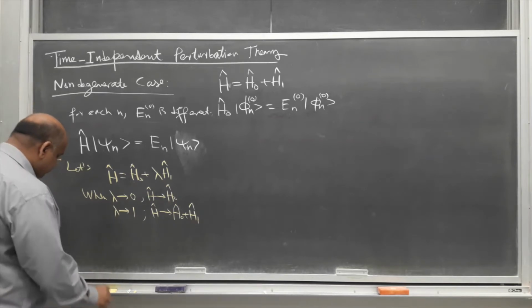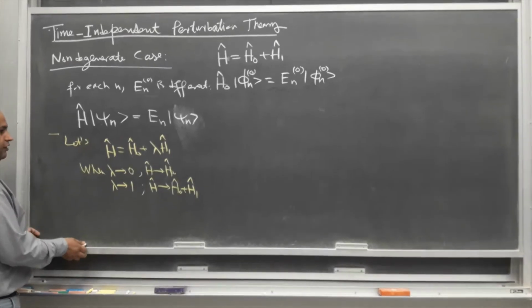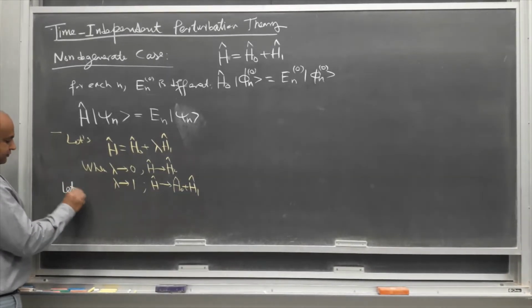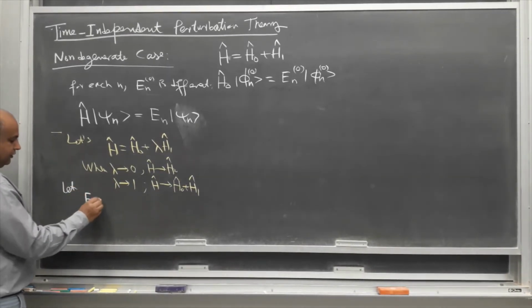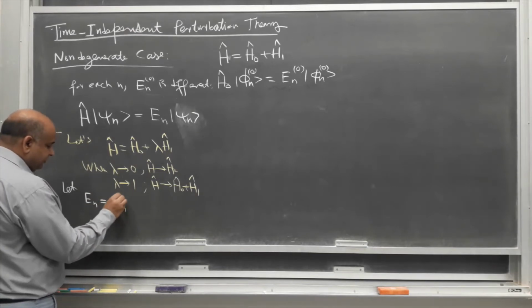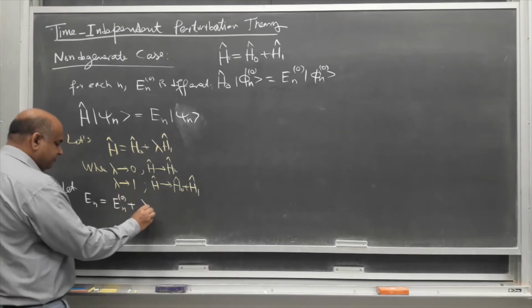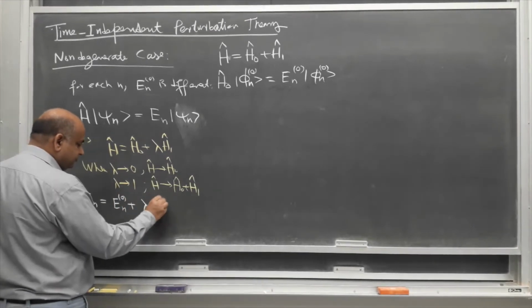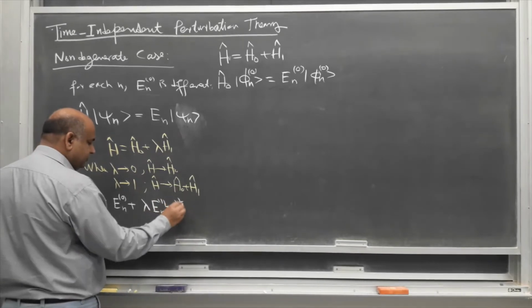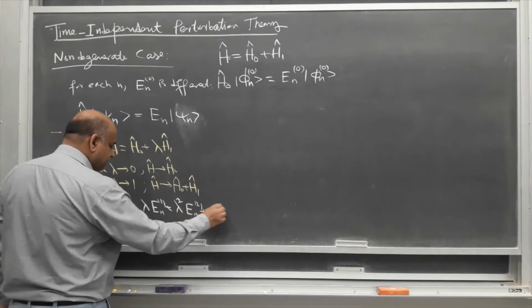Okay, so let's begin by expanding our En as a series in lambda with the 0th term, with the first order term, with the second order term, and so on.